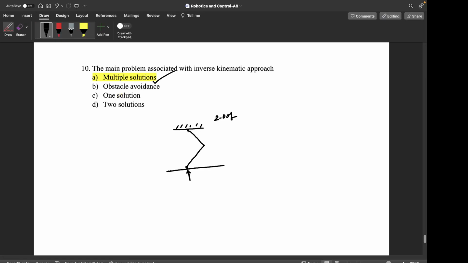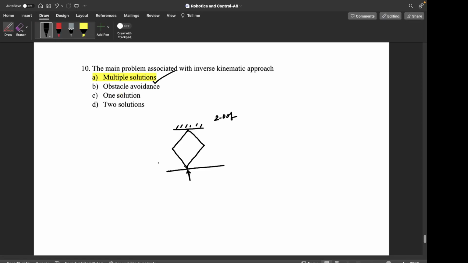But what do multiple solutions mean? It means the joint angles are not unique. Basically, there exists more than one configuration in which the end effector is at the same position but the joint angles are different, which you would imagine could be something like this also. Let me draw it once again. So it could very well be like this also, right?